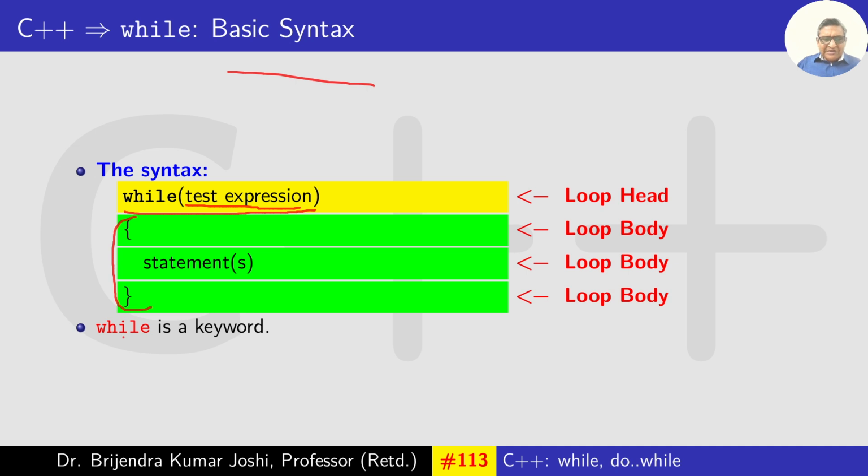While is a keyword, and this is the loop head, and from the opening brace to the closing brace is referred to as the loop body. And remember, while is a keyword, so you cannot use while for any purpose except the purpose it has been defined for.